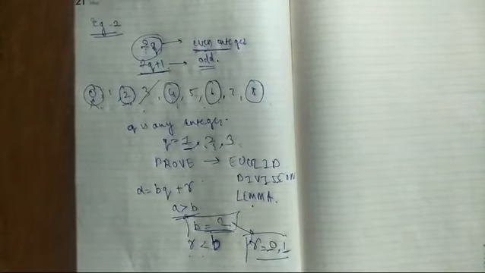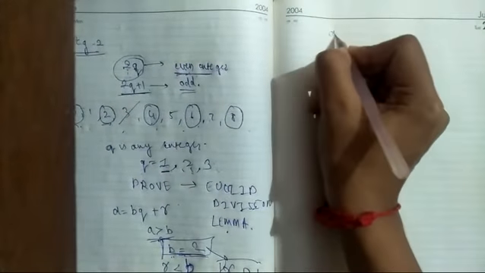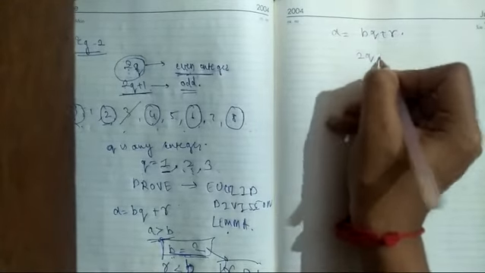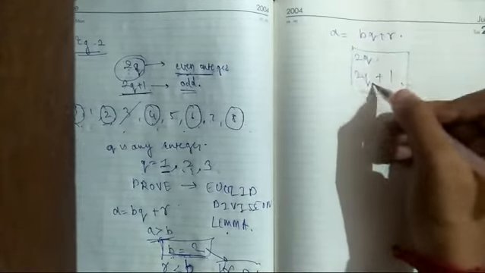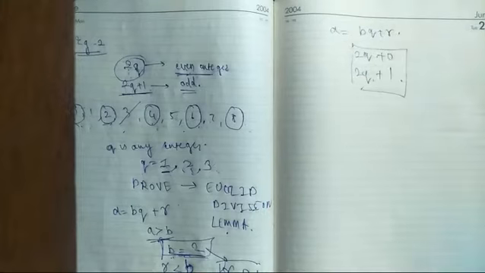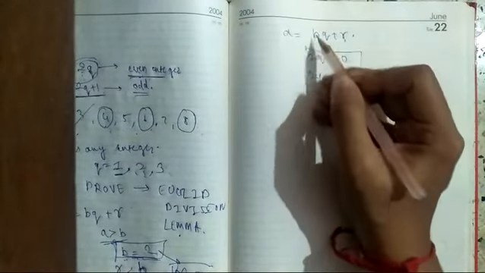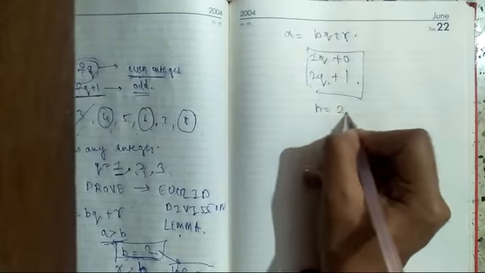Now let me tell you the reason why we are taking b as 2. Can you see the similarity between 2q and 2q plus 1? In both these cases b is equal to 2.